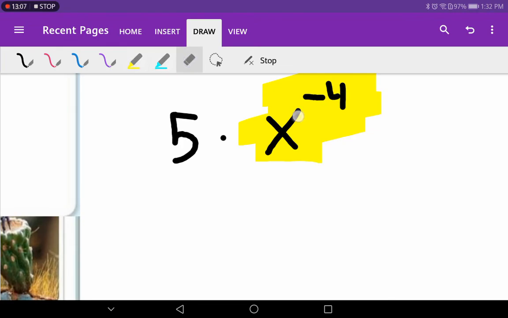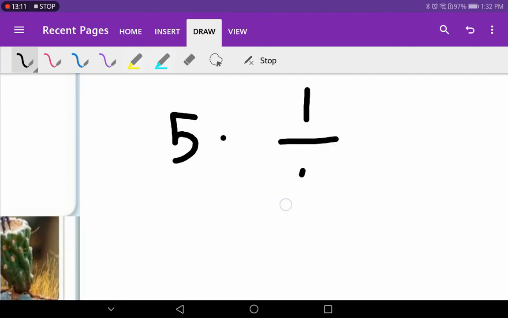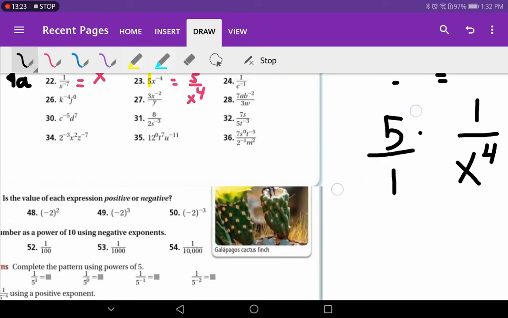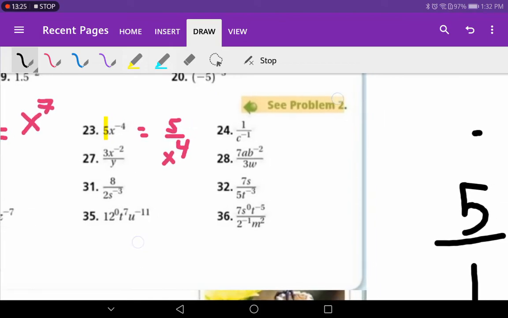So directly I erase it and write 1 over x with power 4. Yes, I change the sign. And this is over 1. 5 by 1 equals 5 over x with power 4. Are you happy? So this is the answer, as you see.